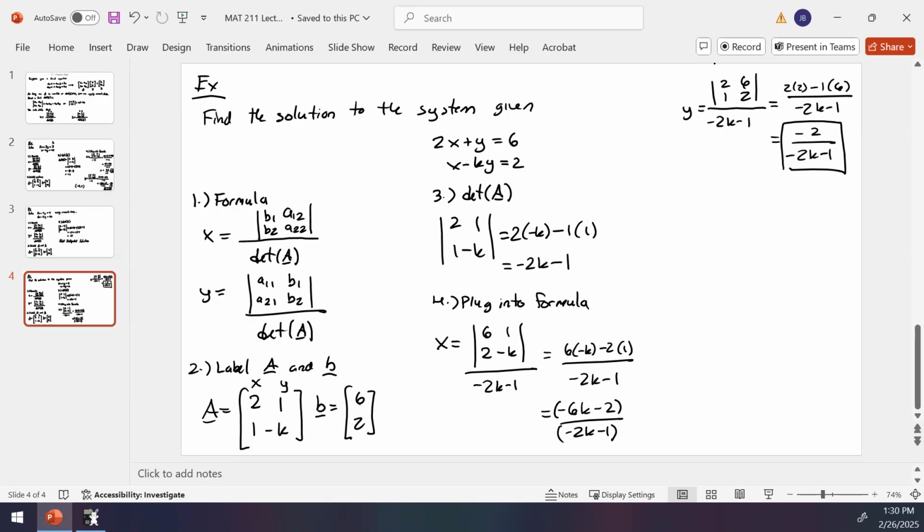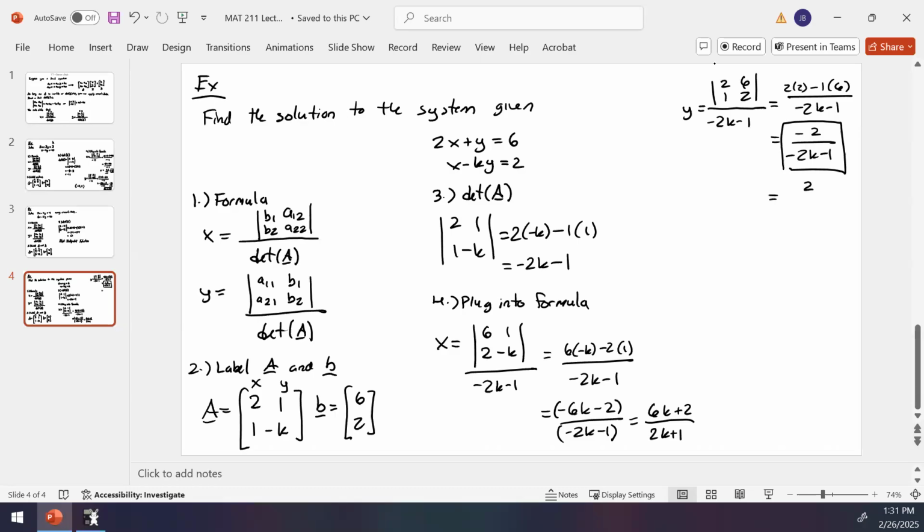Now, this answer is 100% correct, but sometimes they will try to make it look nicer by canceling out negatives. So if you notice, all 4 of these have a negative, so you could essentially cancel out all the negatives and make them all positive, right? You're allowed to do that. So if you look at the solution, sometimes your answer will be correct, but it's just the opposite sign.